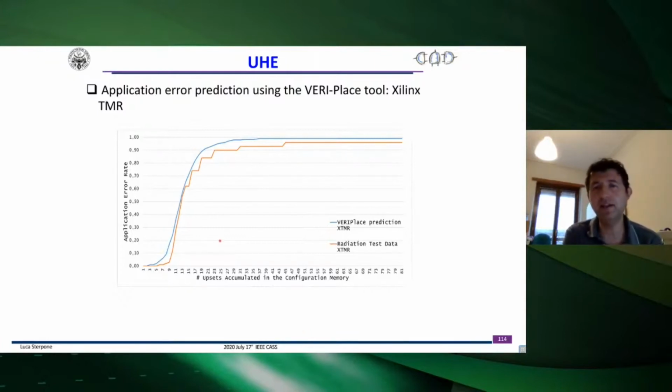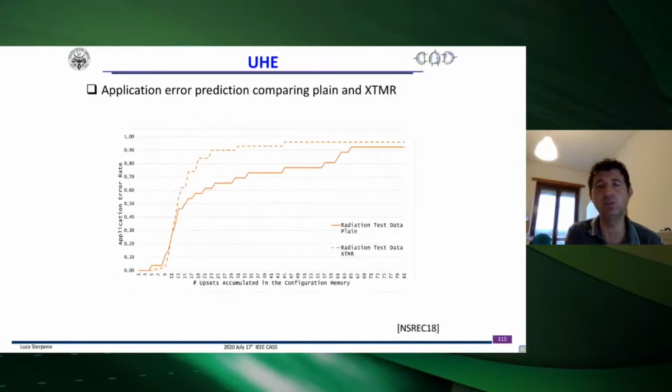If you apply TMR, you are able to improve the characteristics of your circuits, especially for small accumulations of upsets. So if you apply scrubbing and TMR, you are sure to have a good protection. If you also include TMR protection with some CAD-oriented tool, like the Vivado place tool here is doing, you are able to perform and have a good result, okay?